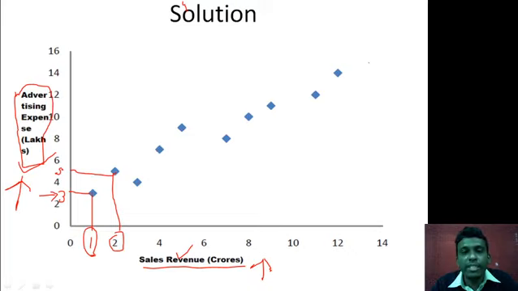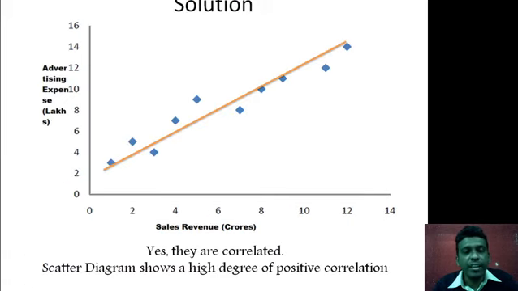If they are moving in the same direction, that is, both are moving up together or both are moving down together, then we say that there is positive correlation. For example, if we fit a line through all these values, the best fitting line will be something like this.